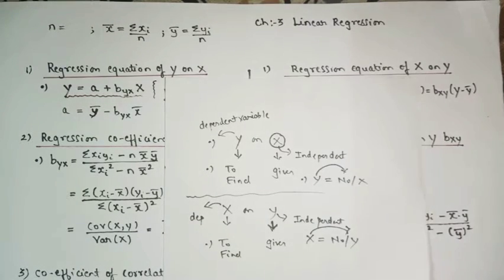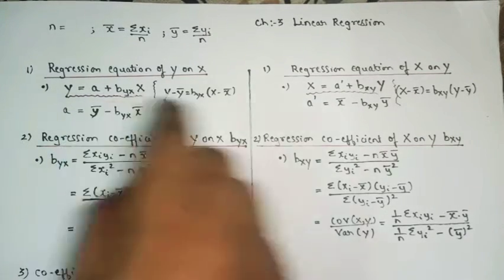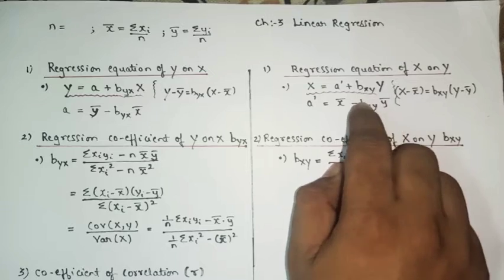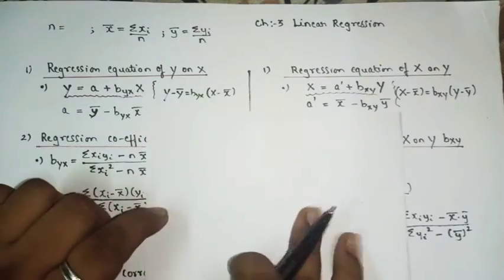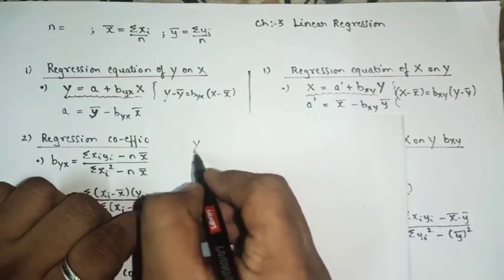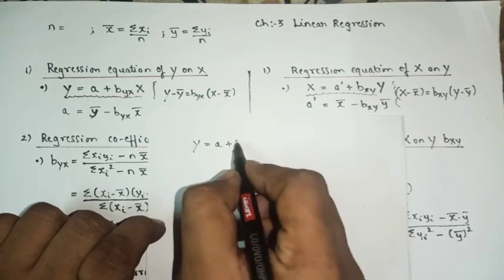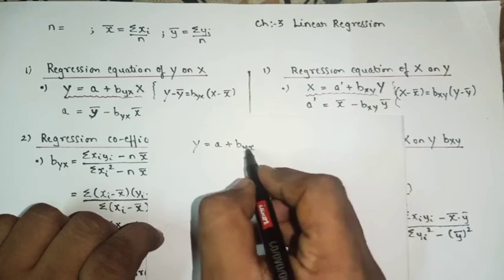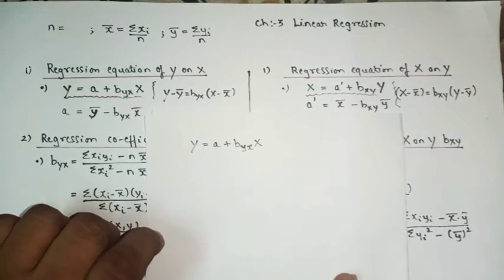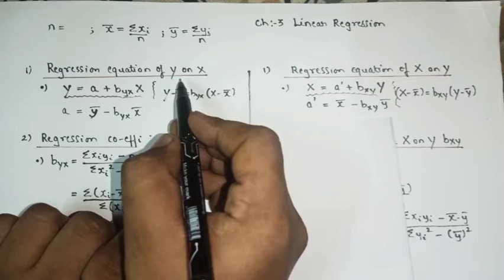Okay, so now this is the actual formula to find y on x, and this is for x on y. So now we'll see what is the formula here. So here the formula is Y, this is capital Y, equals small a plus b y x, b y x capital X. So this is known as a regression equation of line y on x.